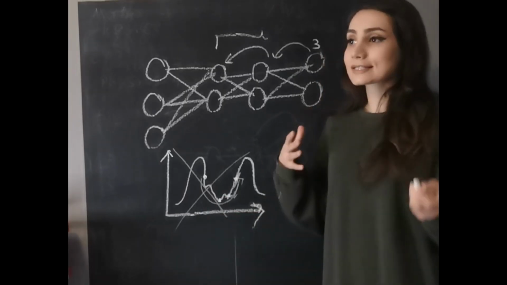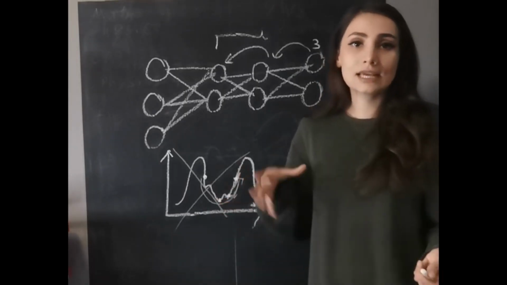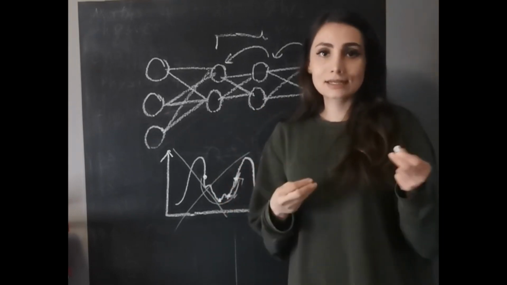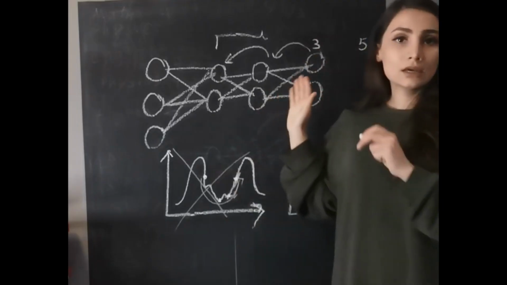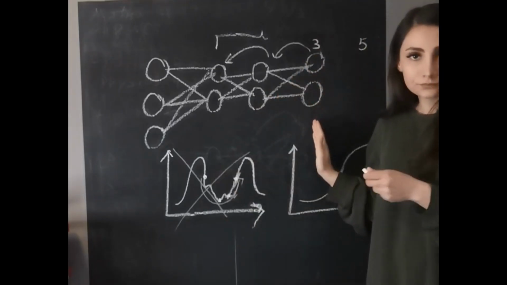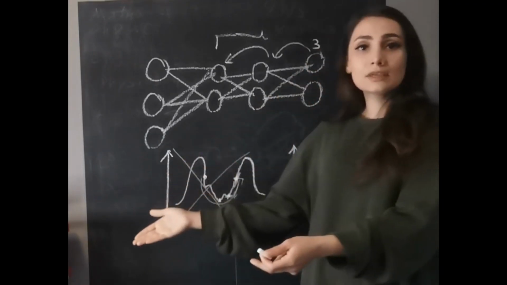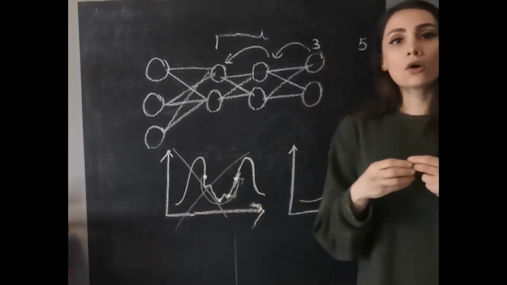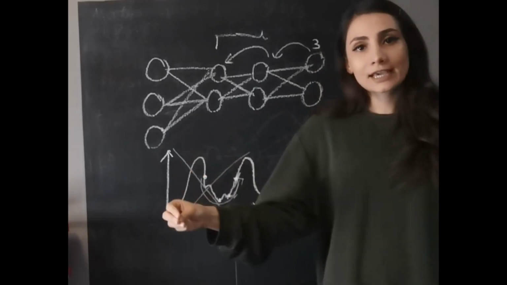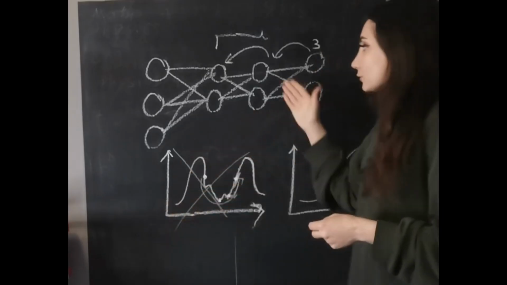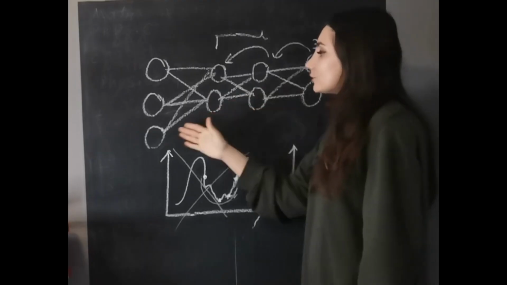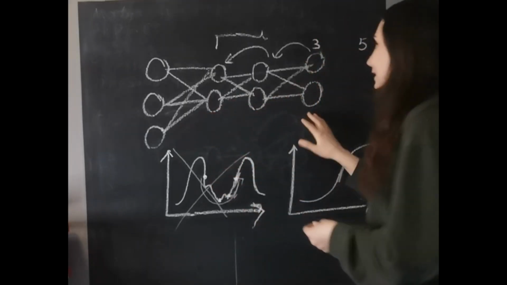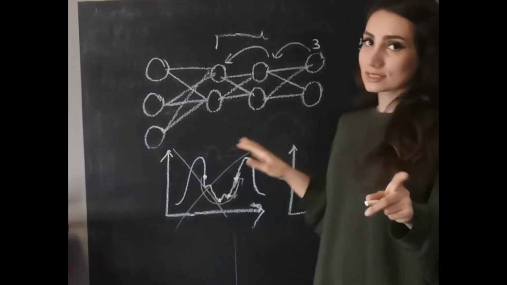If your cake ends up being salty and it doesn't taste the way it's supposed to, it can be from the last step, or it can be from the first step, right? It can come from anywhere. But since all of these points are connected to each other, you have to multiply them together because these are all dependent steps. So you multiply, and when you multiply, something very interesting happens.